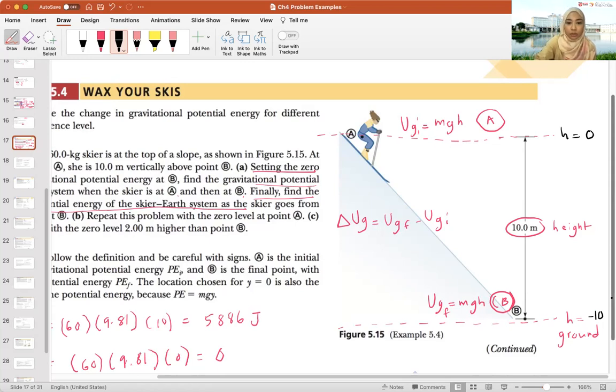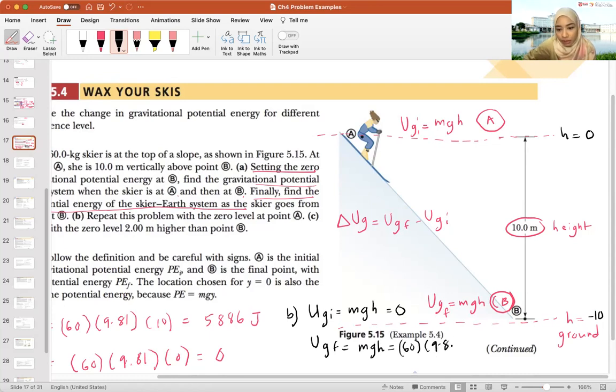So what happens to our equation? Let's do it. UG initial equals mgh. h is 0, so UG initial is 0. Looks a little bit confusing, let's just go with it. UG final is mgh, and this is 60 times 9.81 times minus 10.